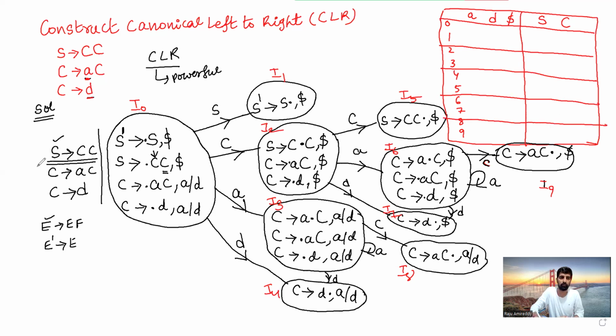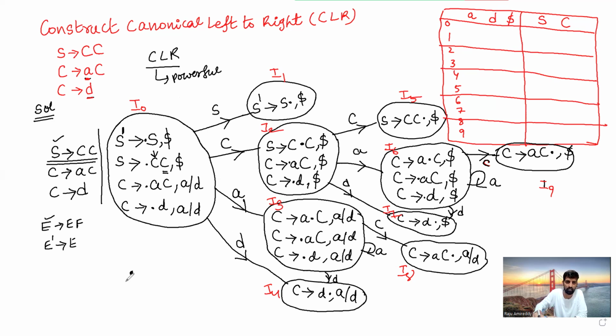Now what we have to do in CLR? For this I0, I0 on small a goes to I3. When it goes to I3, it is a shift move. What is meant by shift move? Shift move means it does not contain any final statement.